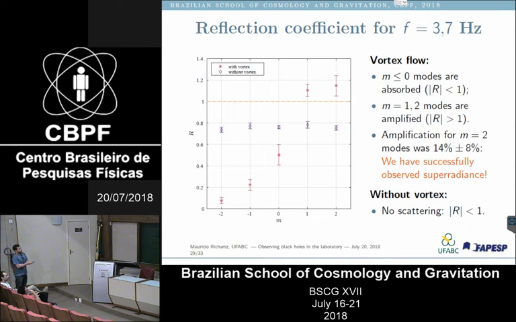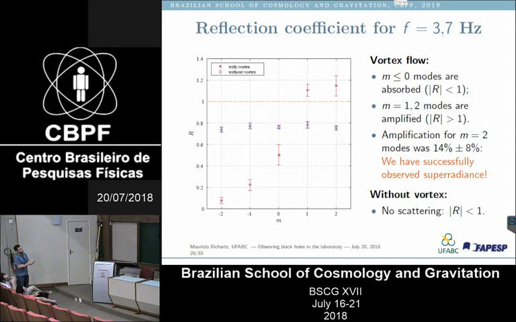Here's a similar plot, but instead of having the frequency on the x-axis, I have the m numbers, the azimuthal numbers, and the reflection coefficient on the y-axis again. So we can see without the vortex, we have a reflection coefficient around 0.8.